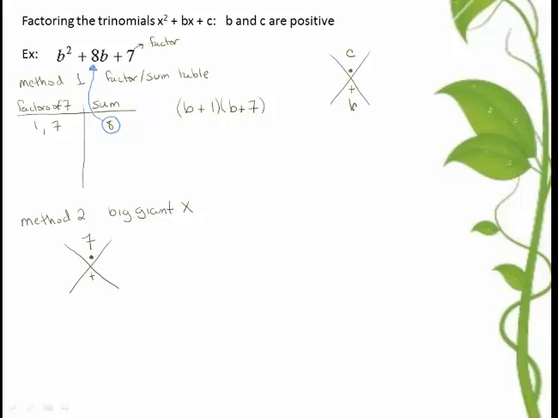We want c and b. So we want to multiply to make 7 and add to make 8. So we think of two numbers that will multiply to make 7. 1 and 7, they add to 8. So those go here and here.